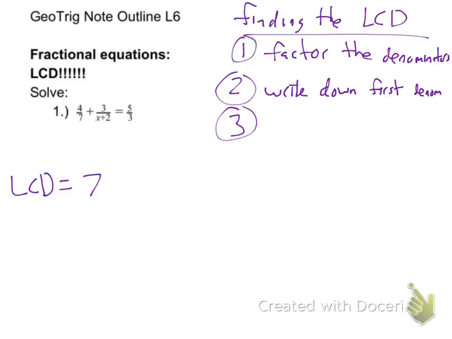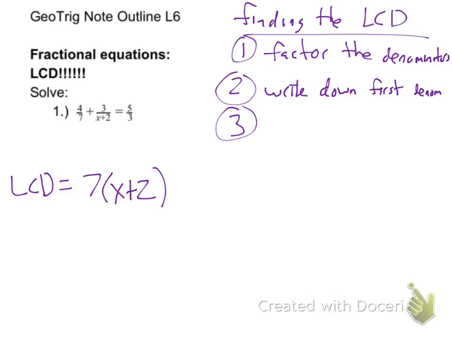So this is the rule: the first person to the party gets to bring everything and anything he wants. This guy brings a 7. He's fine. Now the next denominator has to bring something different. He wants to bring an x plus 2. Is an x plus 2 a 7? No. So x plus 2 gets to be brought to the party.